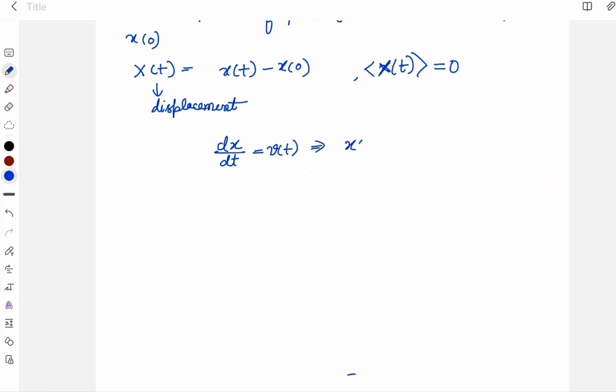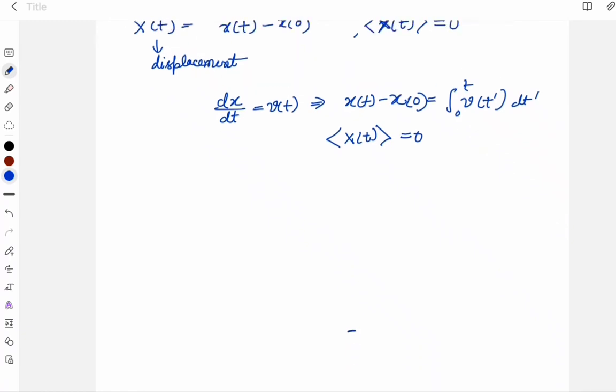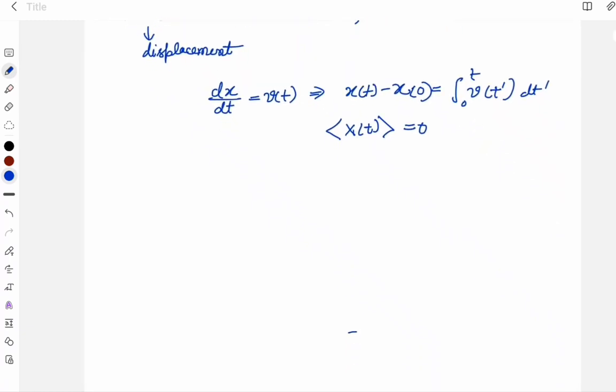If you integrate it, x of t minus x0 equals the integration of v of t prime from 0 to t dt prime. Since the average of v of t prime is 0, if you find the average of the displacement vector, you will get 0. Now the interesting thing is to calculate the mean square displacement.